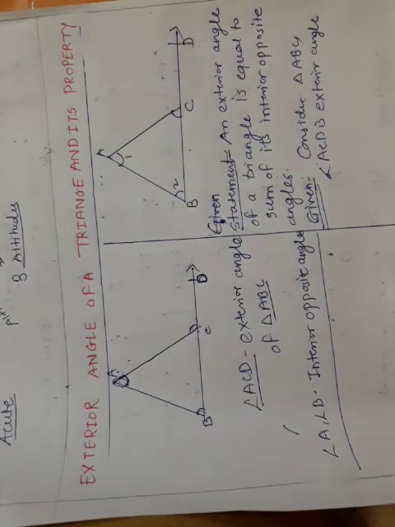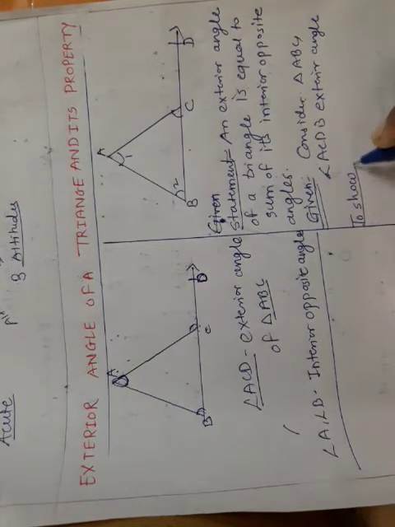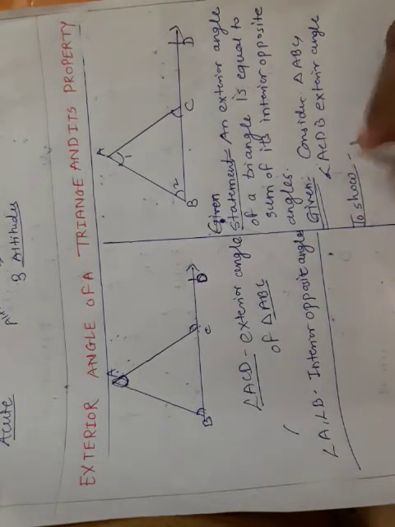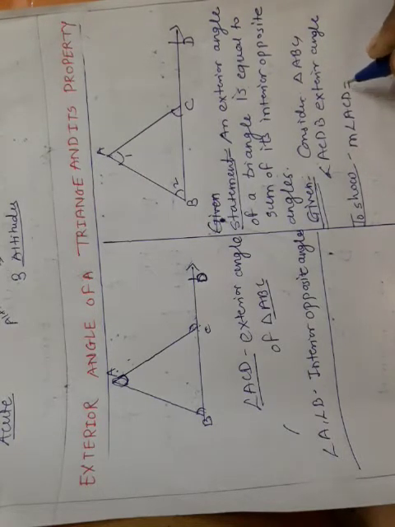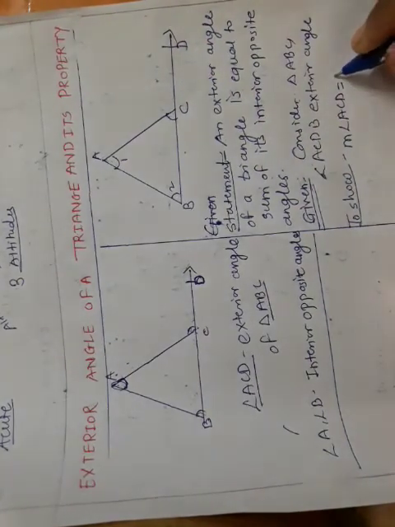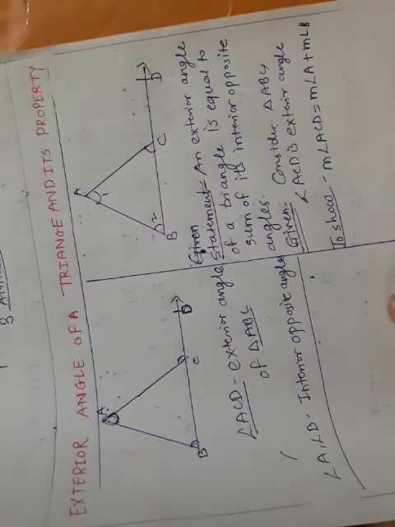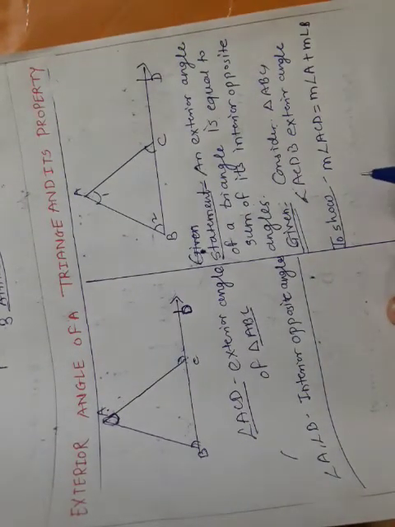Now we have to show that the measure of angle ACD is equal to the measure of angle A plus the measure of angle B.